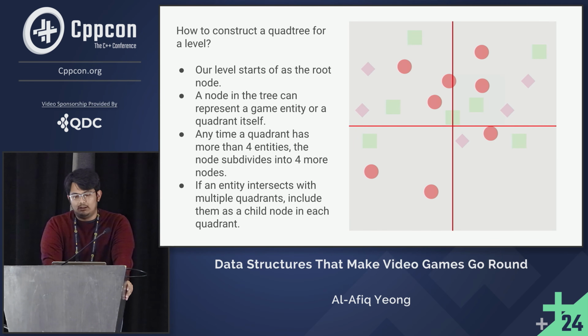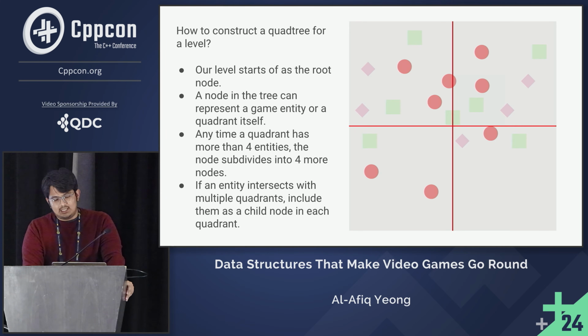We're going to subdivide that by 4. Now the bottom left and the bottom right sections have no more than 4 entities, so we're going to leave them as they are. But the top left and top right quadrants definitely have more than 4, so we're going to subdivide those even further.